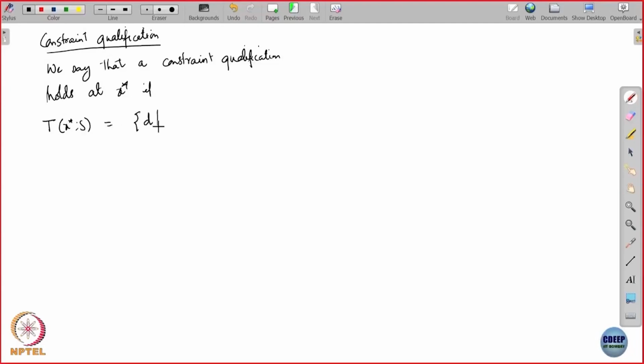Since I am looking at inequality constraints, I'll just write it for inequality constraints. So this is equal to this for all i in the active set.